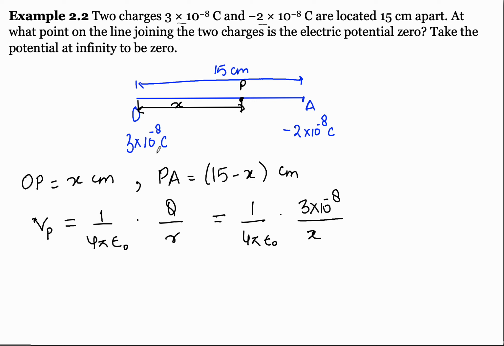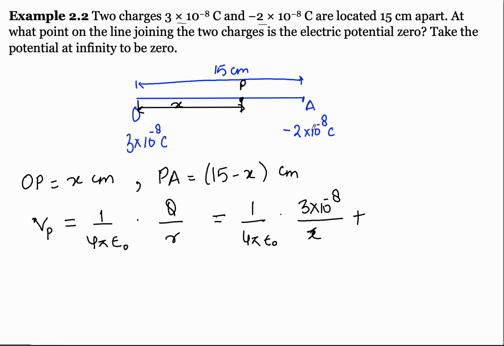Since this X is in centimeter, I can also change it into meters, or we can simply find the answer in centimeter itself. So I'm not going to change it right now. So it is X centimeter. Let's say this is the first one. Now the second one, this is for the first charge.